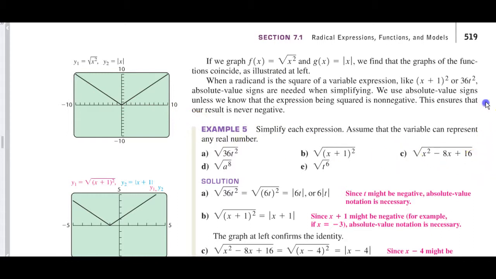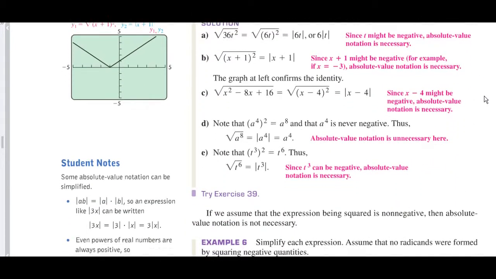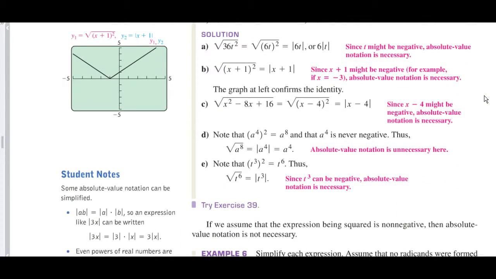So let's just go through what they have as they do their solutions. So here we have the radical of 36 t squared, is 6t, the quantity squared.